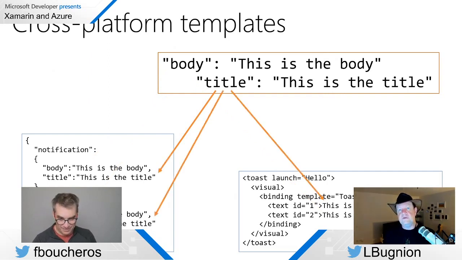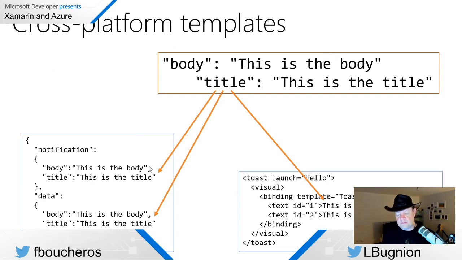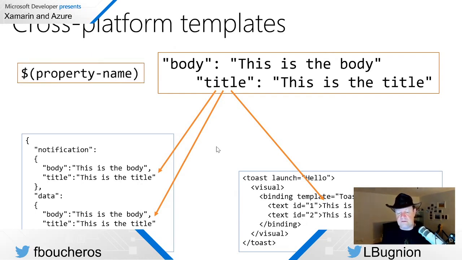In order to do that, we are going to use something called a template, meaning that each device can ask the notification hub, please give me the notification with that format. To specify those variables like the body, the title, etc., we are going to use this syntax: $ and then the name of the property. Hopefully that is clarified. I'm going to show that with more details in a moment, so don't fret if you don't get it.